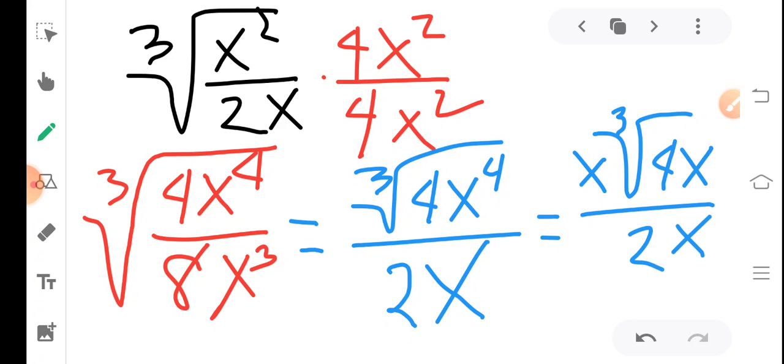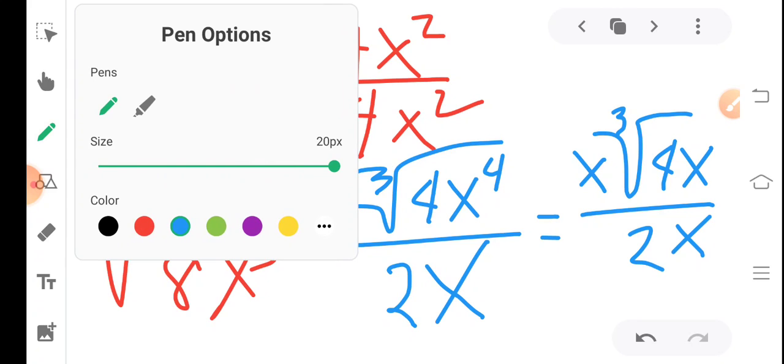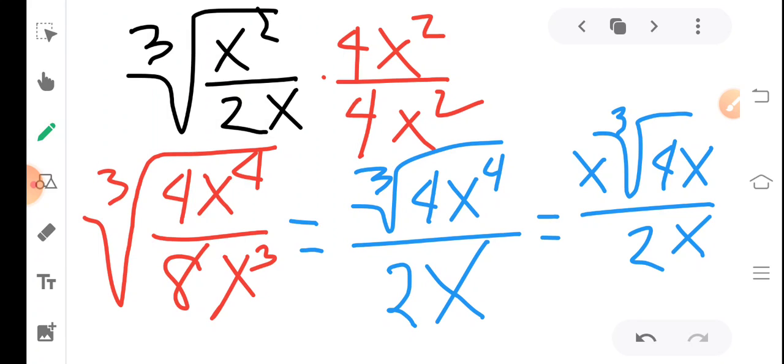So our final answer is the cube root of 4x over 2. Cancel or eliminate x over x. So again, the final answer is the cube root of 4x over 2.